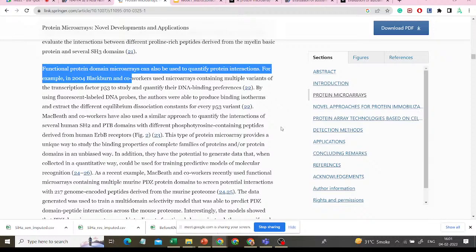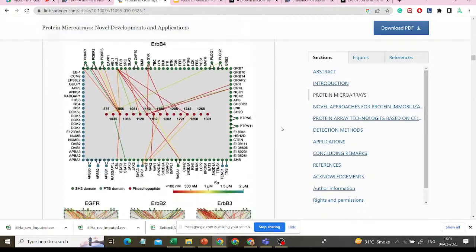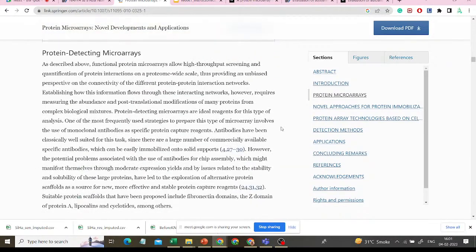Okay, a similar approach is used to quantify the interactions of several human domains with different phosphorylation-containing peptides derived from human receptors. This type of protein mining is needed to study the binding properties of complete families of protein domains. Okay, so this is one kind of thing, so you can check it out.